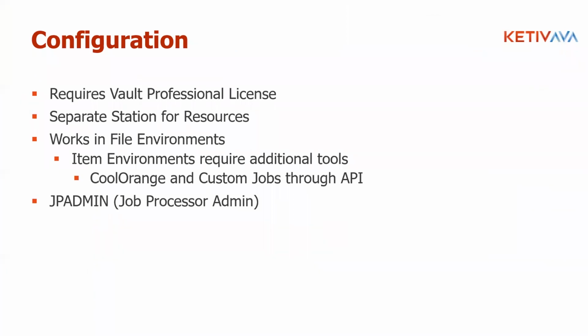Yeah, so while those are coming in, one of the other really cool things about jobs and the job processor, from my point of view, is that with jobs, you can really run any code you want.